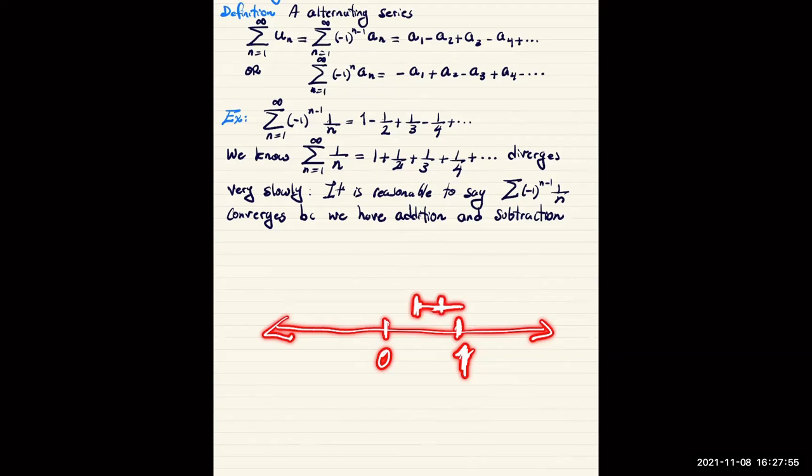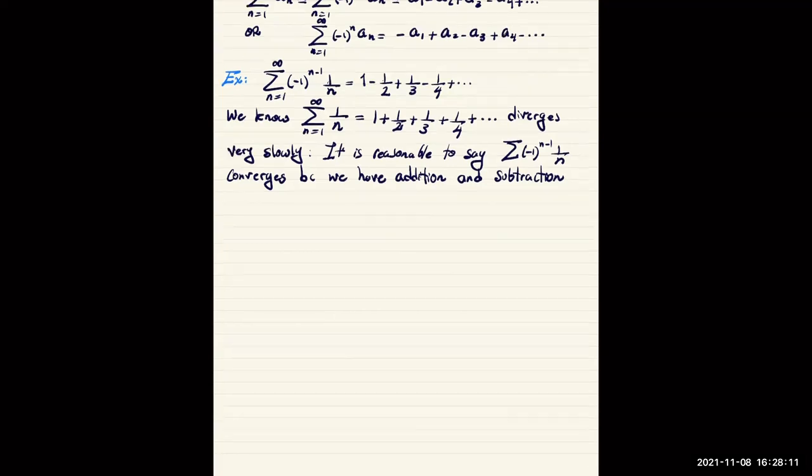Backwards by 1/4. Forwards by 1/5. You keep going forward, backward, somewhere in between 0 and 1. Let me plot the partial sums for you, so you get an idea of how alternating series works.